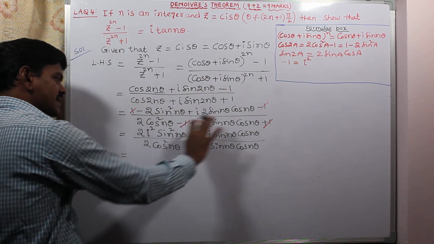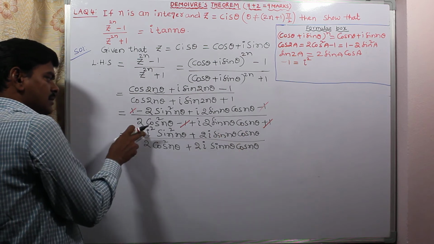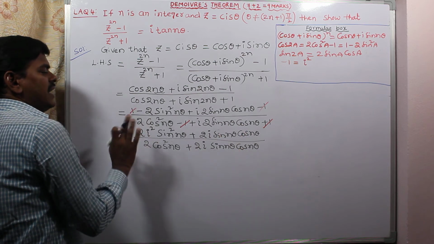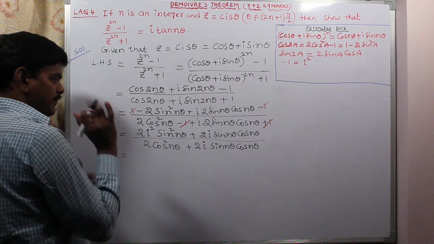The only change we have made is replacing minus 1 with iota square. The remaining terms are the same.